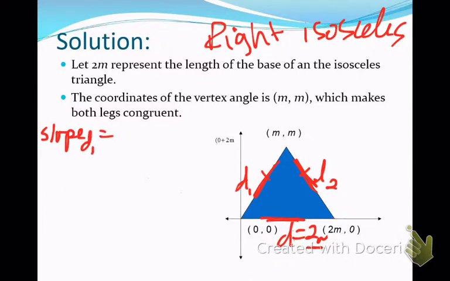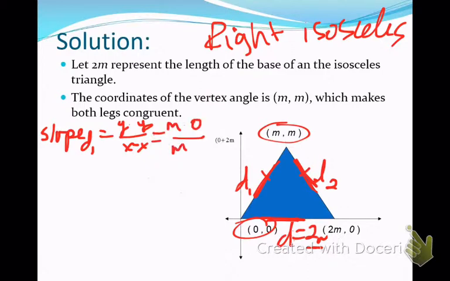Well, the slope is the change in y over the change in x. In other words, subtract the y's over subtract the x's. Well, the y's between these two points are m and 0, and the x's are m and 0, so we get m over m, or just 1. Now I've got to go find the slope of D2.